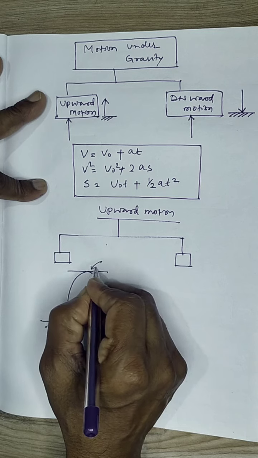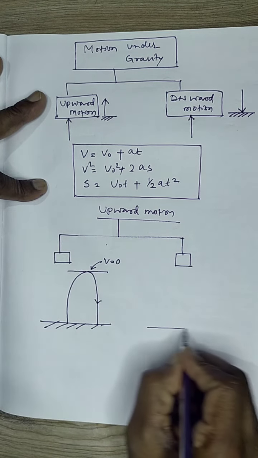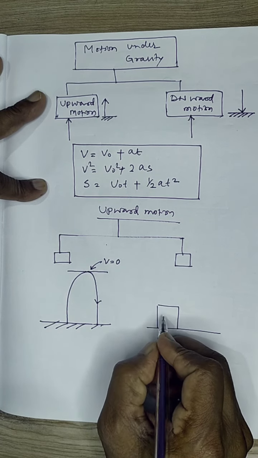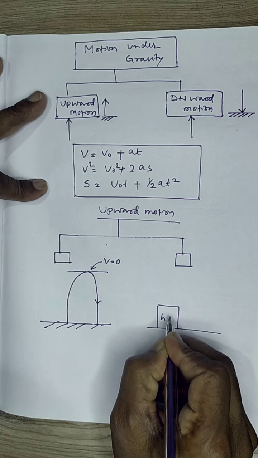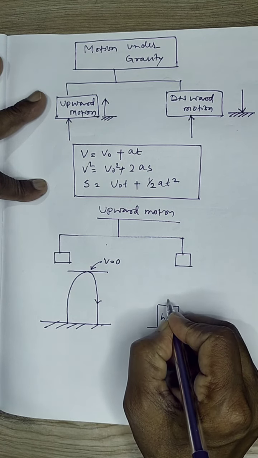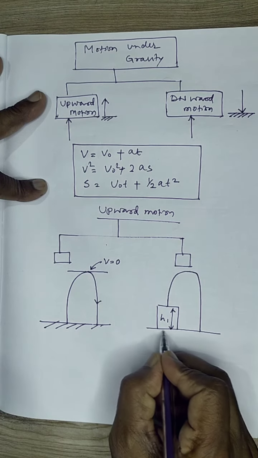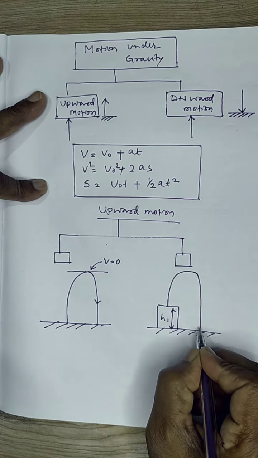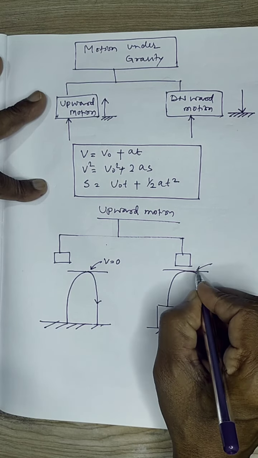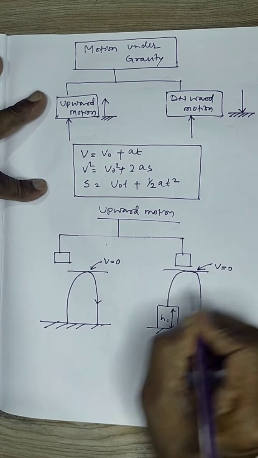At maximum height, the final velocity will be 0. In the second case, if an object is thrown from a certain height or some building, it has some height h1, again it will attain a certain height and come back to the ground. At this maximum height, the velocity of the object will be 0.